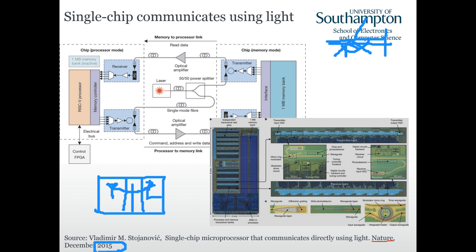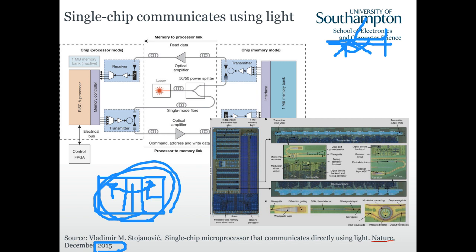So what is the advantage of doing this? The first advantage is that the calculation can be executed at the speed of light. That is very attractive because the calculation would be really, really fast. The second advantage is that instead of calculation based on electricity, this would cost less electricity.